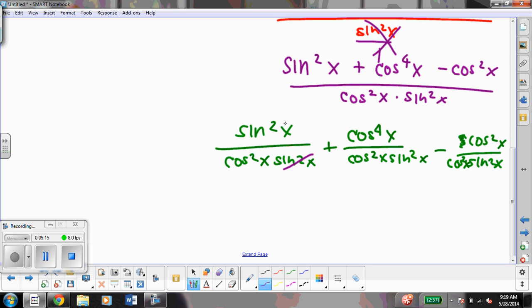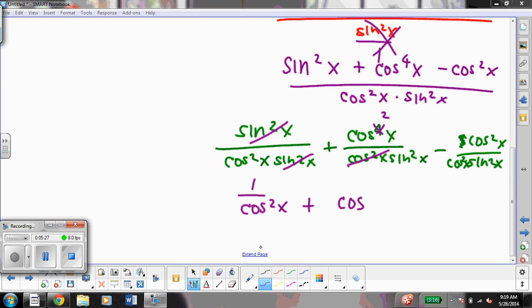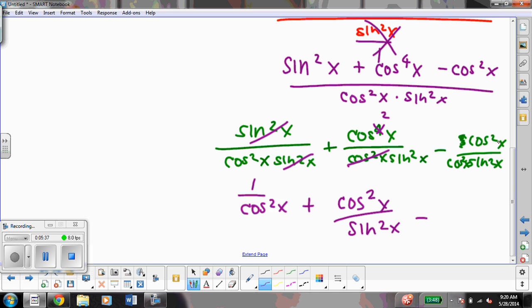And then I canceled things, so these sines cancel each other out, and I have 1 over cosine squared. These two cosines cancel with 2 of the cosines on the top, so I have cosine squared over sine squared minus, let's see, the cosines cancel, and I have 1 over sine squared.